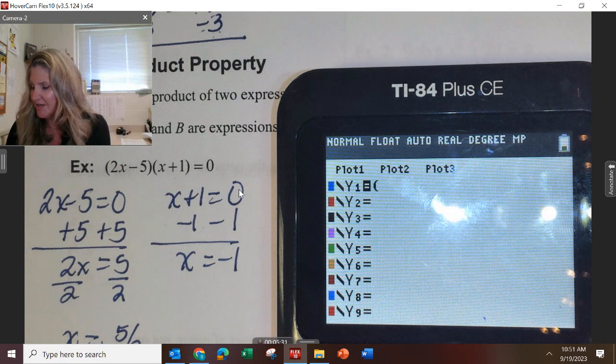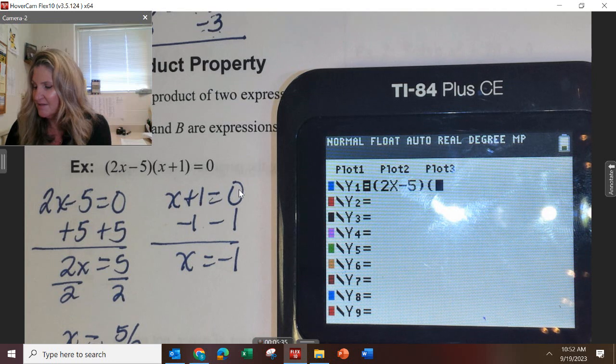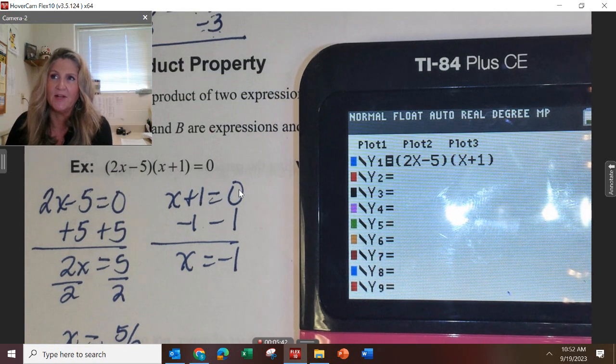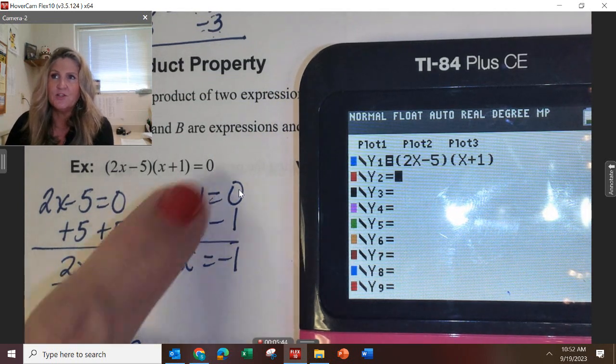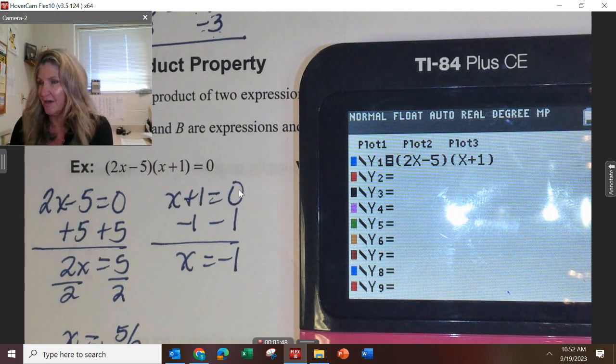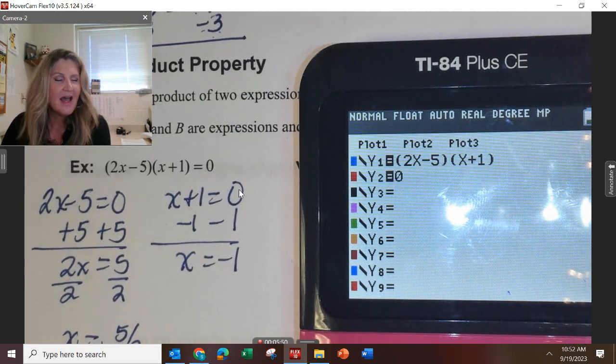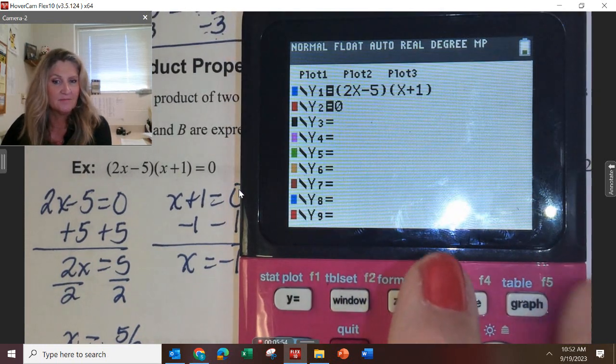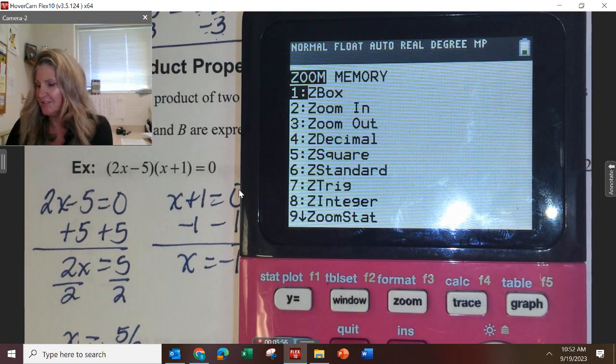So I want you to put in 2x minus 5 times x plus 1. Put that in for y sub 1. Into y sub 2, I want you to put in the right side of the equation, 0. How do we make it so that all of our screens look the same? Zoom what? So everybody do a zoom 6.